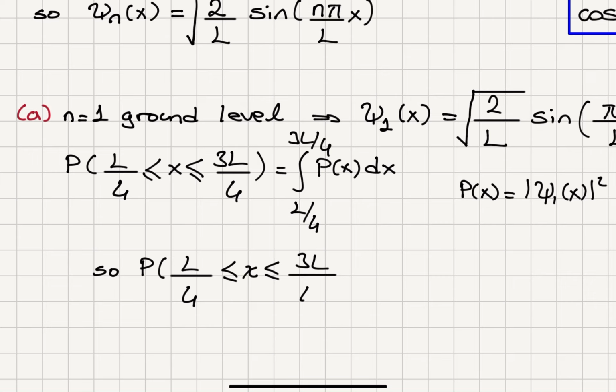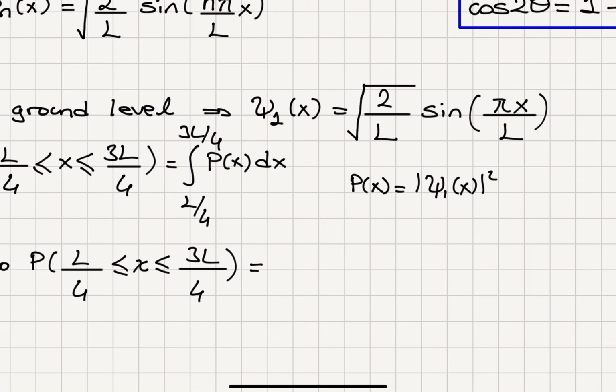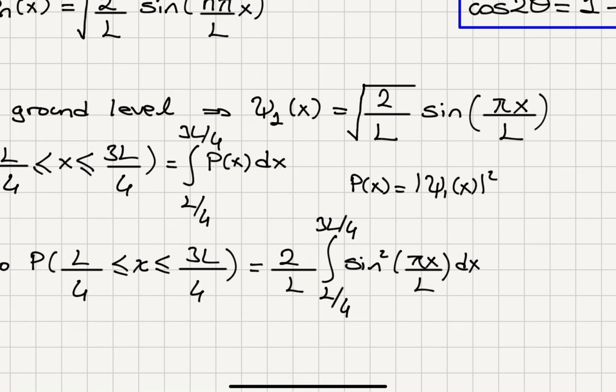For x between L over 4 and 3L over 4, when we take the square of this, we get 2 over capital L, integral from capital L over 4 to 3 capital L over 4, sine squared of pi x over L dx.